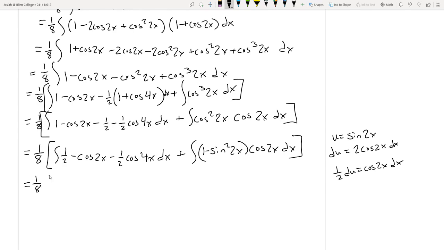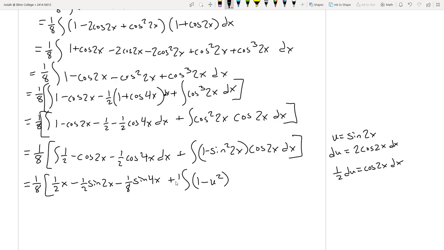Meanwhile, for the first integral, we can start working on that. Minus 1/2 sine of 2x. Got to divide by 4, so 1/8 sine of 4x. So that one's done. Now we move on to our u substitution. 1 minus, we turn that into u squared, and then we have to turn this cosine of 2x dx into a 1/2 du.